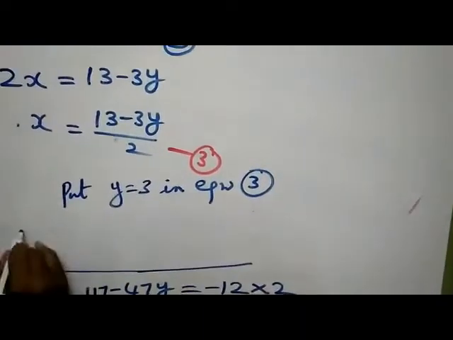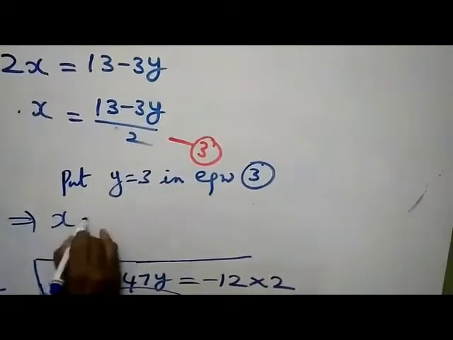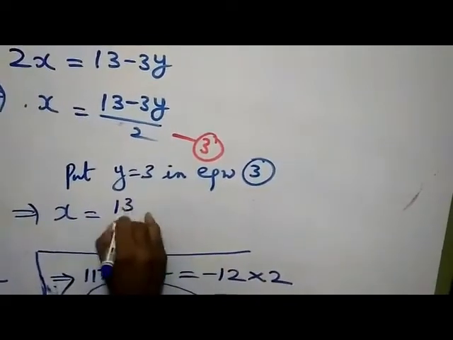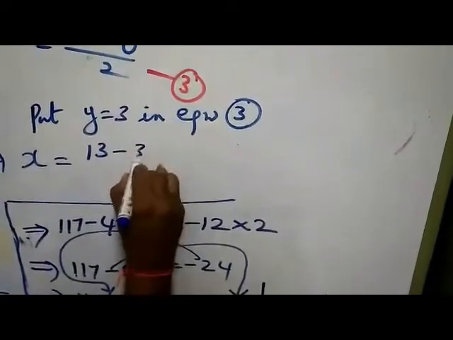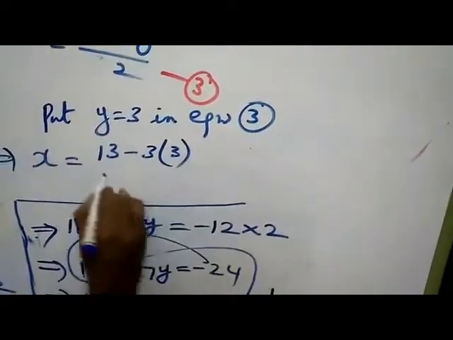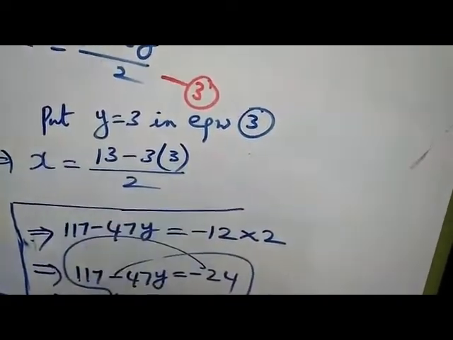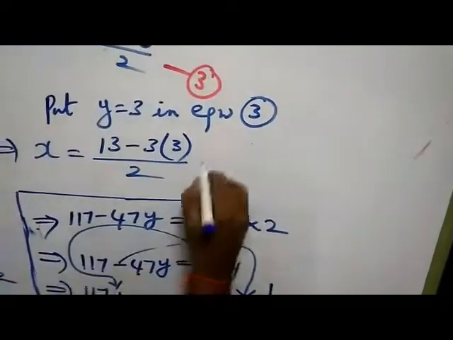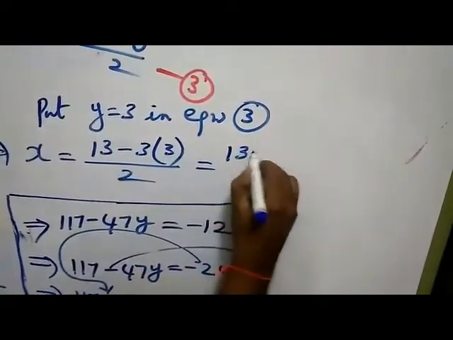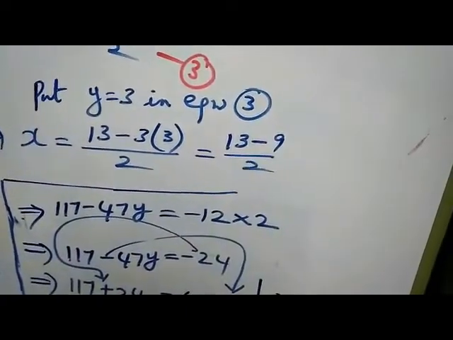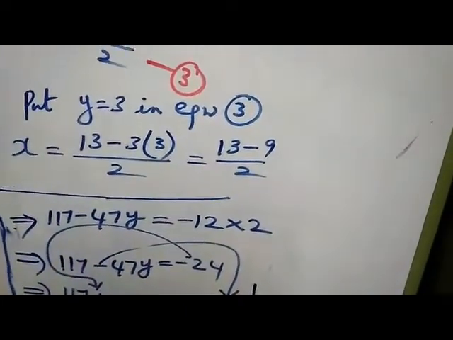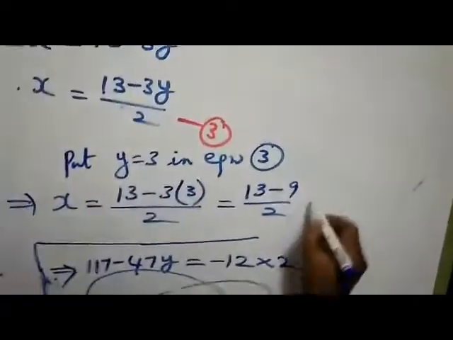That implies x is equal to 13 minus 3y, 3 into y value 3, by 2. That is equal to 13 minus 3 3s are 9 by 2.